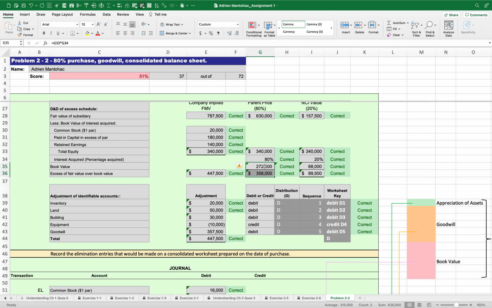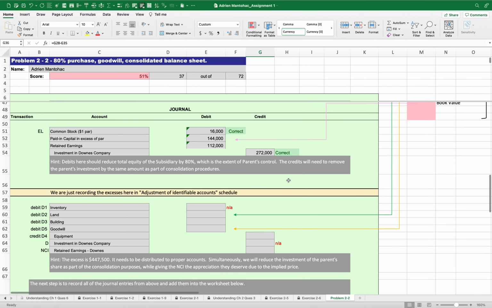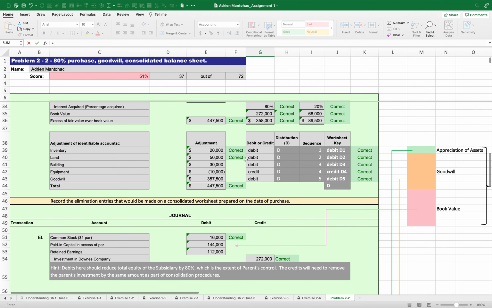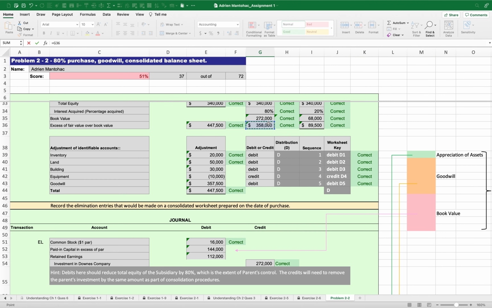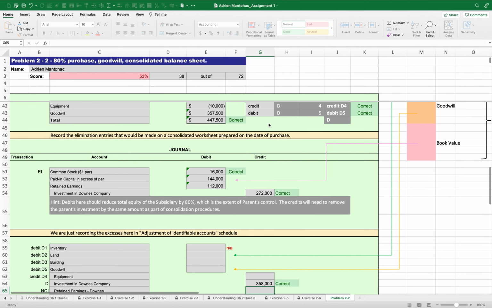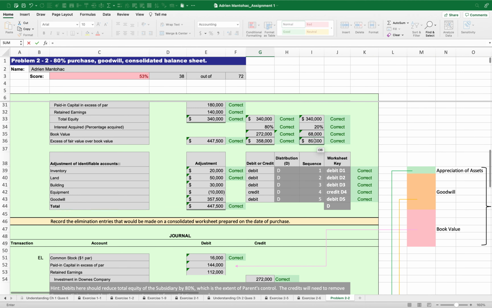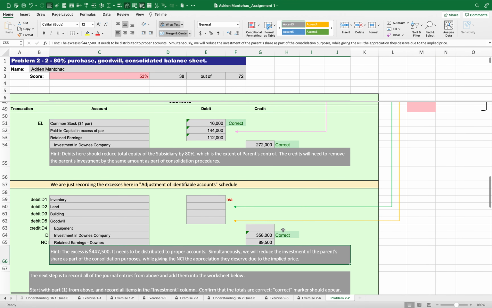All right, so now that we've dealt with the first step, let's deal with the second step, the excess, right? We paid excess. So that's a remaining component in our composition here that we need to get rid of. And while simultaneously we're going to give that excess appreciation to the NCI, to the non-controlling interest, right?